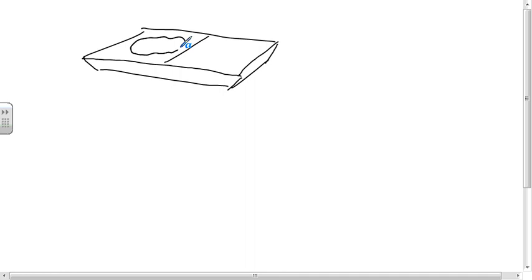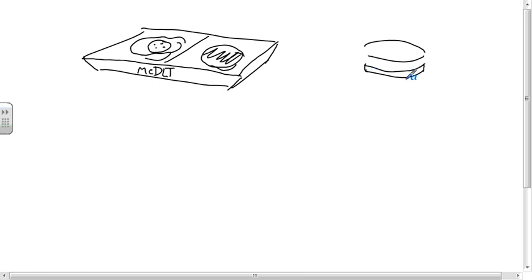Okay, so this is called the McDLT. Remember this? You had the vegetable stuff over here. You had the hamburger over here. Versus here's a Big Mac.